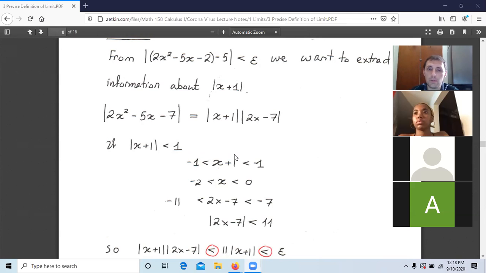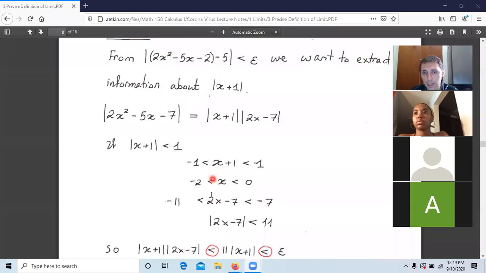Absolute value of x plus 1 less than 1 means that x plus 1 is between -1 and 1. How do I know that? x plus 1 is a number. If the size of the number is less than 1, the number is between -1 and 1. Get it? And then x is between -2 and 0.